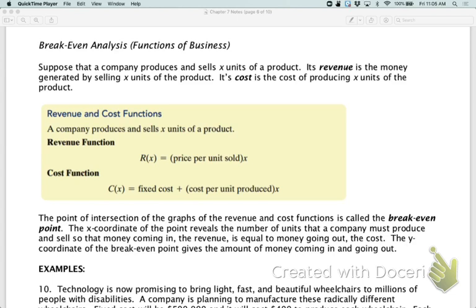And so the revenue function is going to be the price per unit sold times the number of things that you sold. So for example, if my coffee cups, if I sell them for $9 a piece, then 9x would be my revenue function. So if I sell 10 coffee cups, I make $90, 9 times 10. The cost function is going to be the sum of any fixed costs that you have.